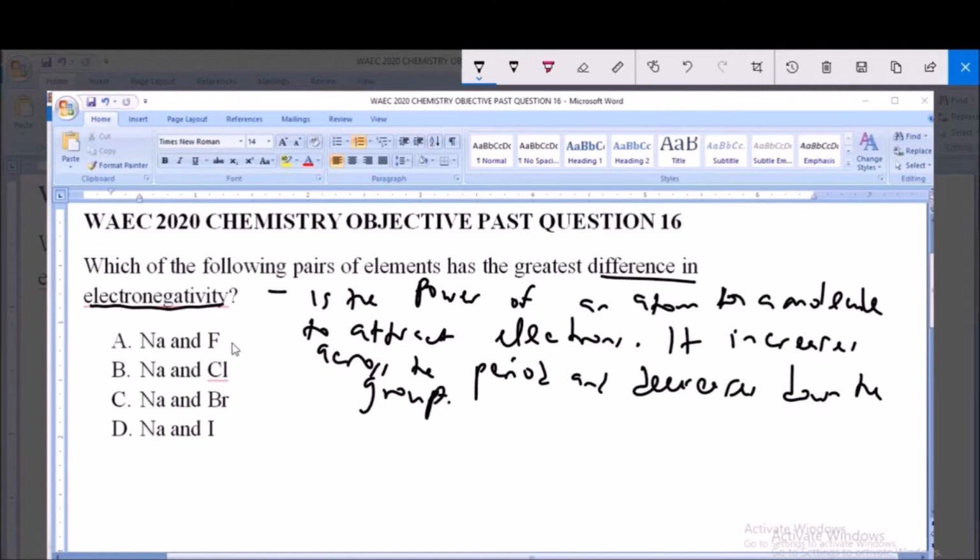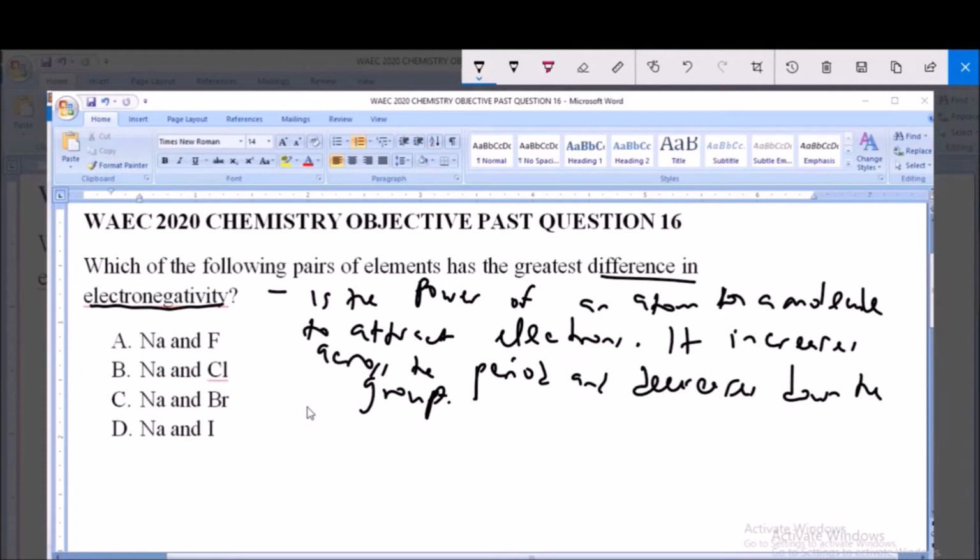Take for example group 1 elements: as you progress down the group, the electronegativity will decrease, and as you go across a period, the electronegativity will increase. So let's look at each of the values of the elements given to us as the options.